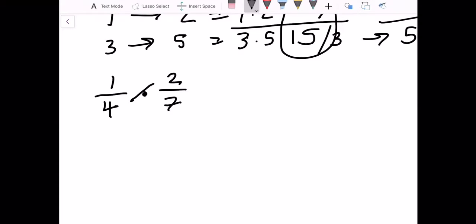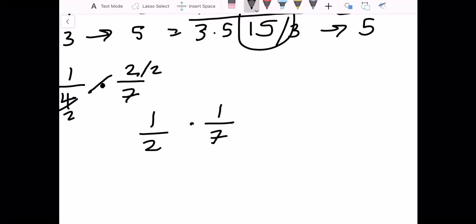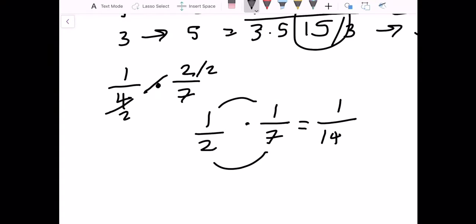What you can do is divide this number by 2 and divide this number by 2, and then you can write it out like 1/2 times 1/7. Then you use the steps above: you multiply the top numbers, which is just 1, and you multiply the bottom numbers, which is just 14. We do cross-simplifying so that we don't have to simplify more at the end.